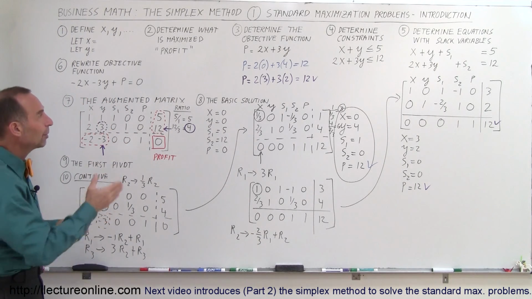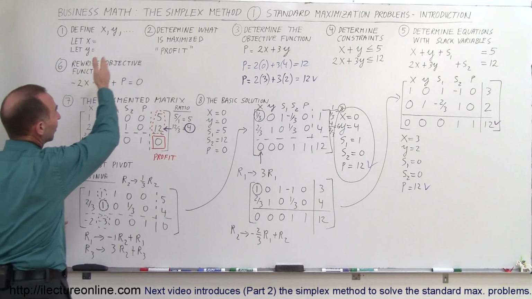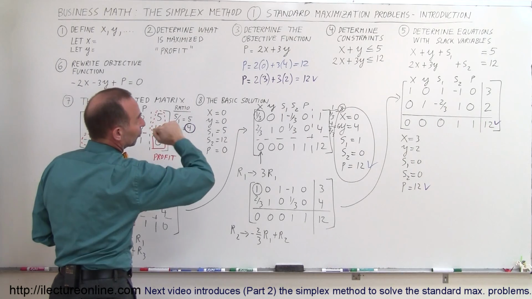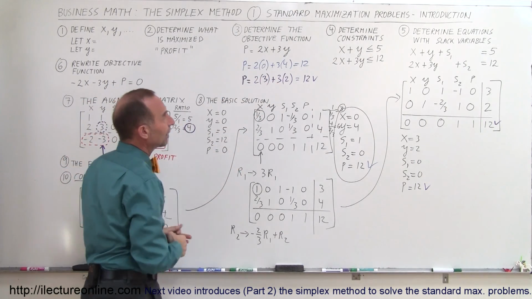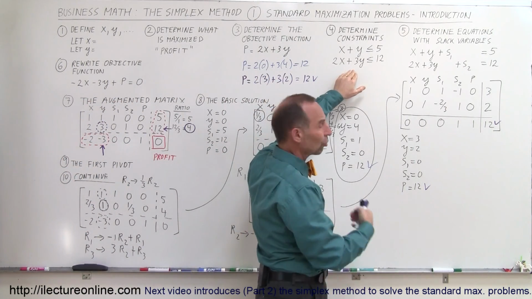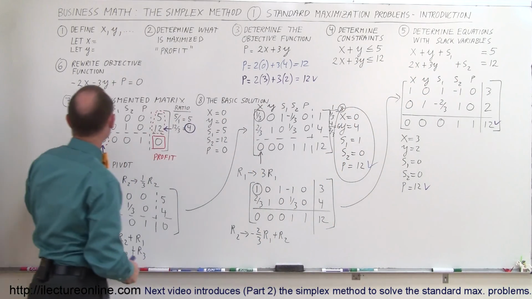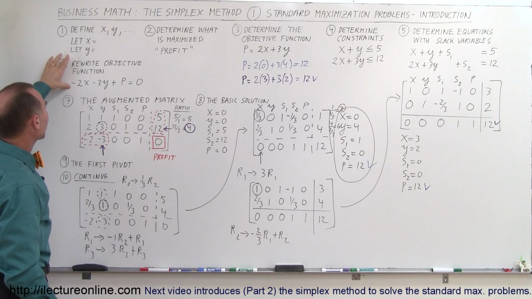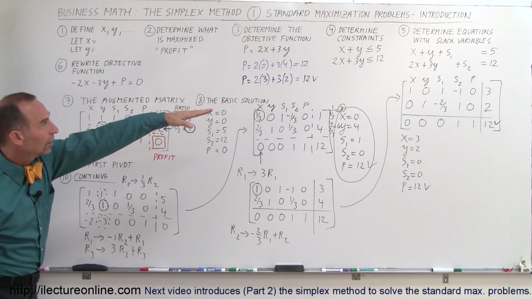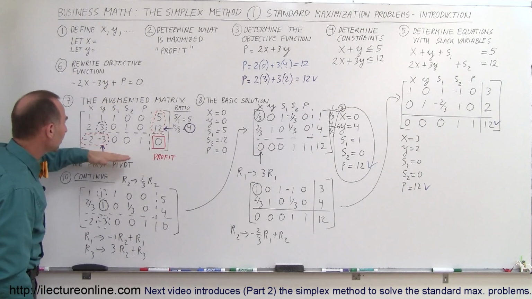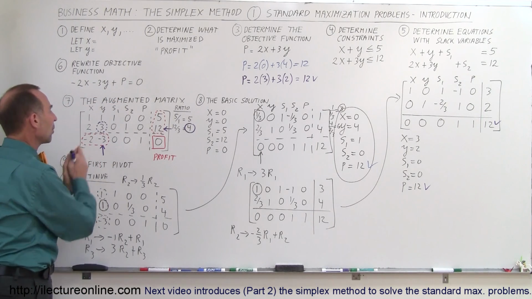So again, simply go through these steps: define the variables, determine what's maximized, determine the objective function, determine the constraints, then change the constraints, which are usually inequalities, into equations by adding slack variables, then rewrite the objective function, then take the equations with the slack variables and the objective function rewritten, put them in an augmented matrix, then determine where you want to pivot.